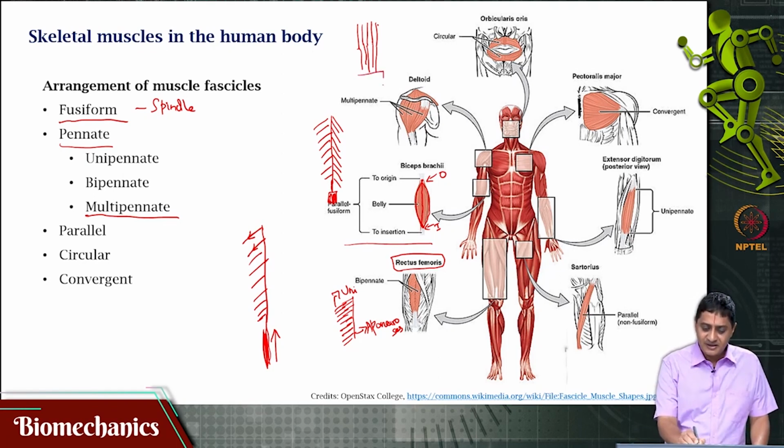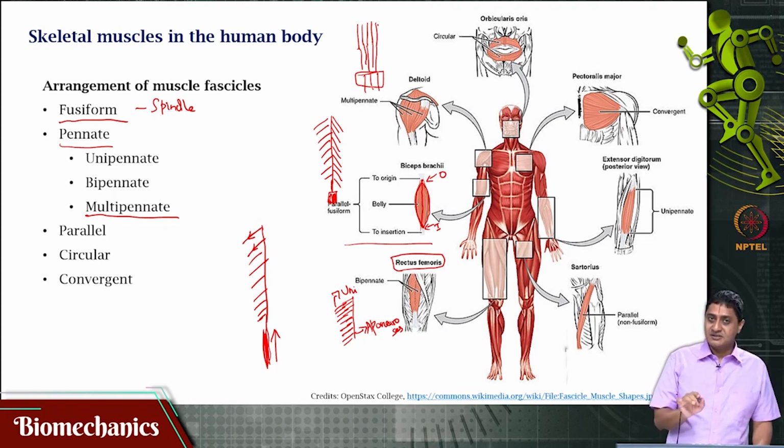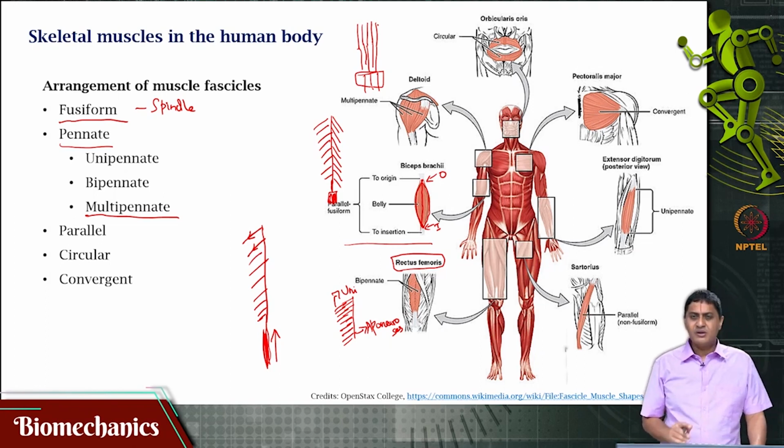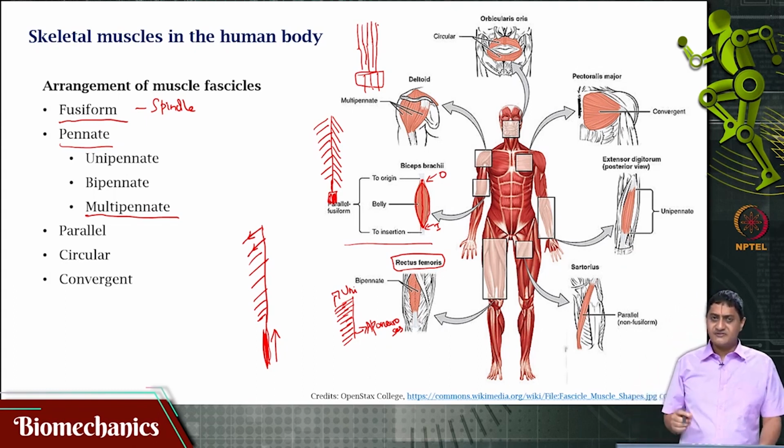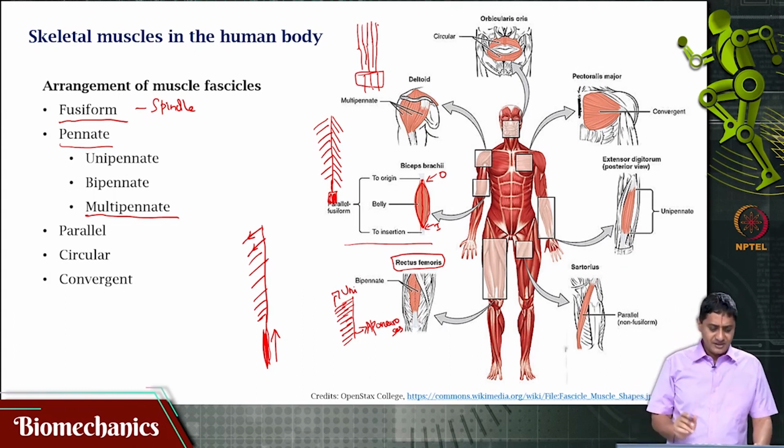That is what is happening in the parallel fibered muscles case. So, if you have some pennation, that means you will have an inefficient system in terms of having less force being felt by the system. But why do you have pennate muscles? That is something that we will discuss in a future slide.